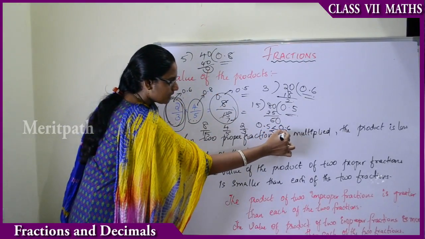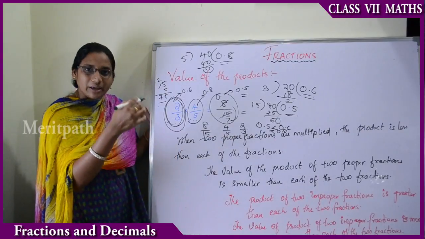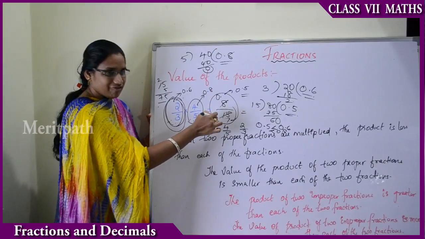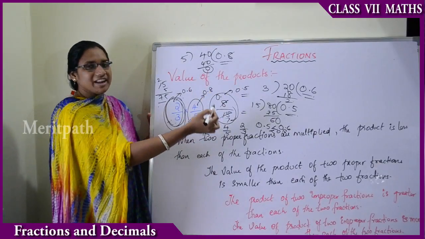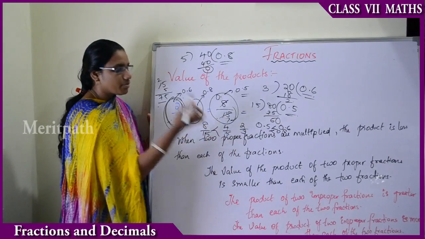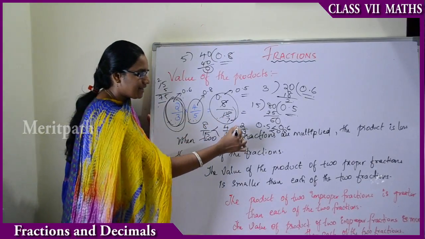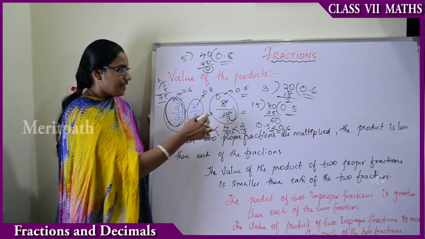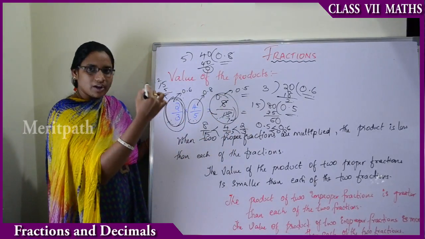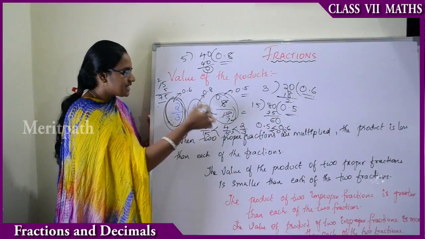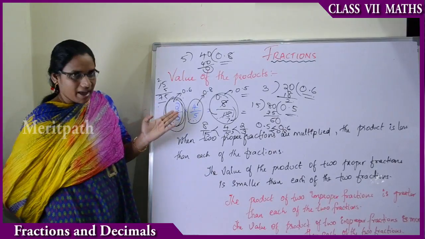That means the value of the product we got by multiplying these two fractions, 8 by 15, is lesser than these two fractions. That means 8 by 15 is less than 4 by 5, and at the same time it is less than 2 by 3 also. So we can say that the value we got after the multiplication of these two fractions is lesser than the two proper fractions.